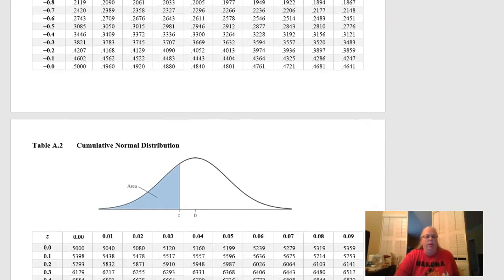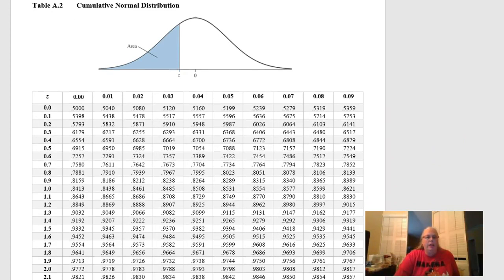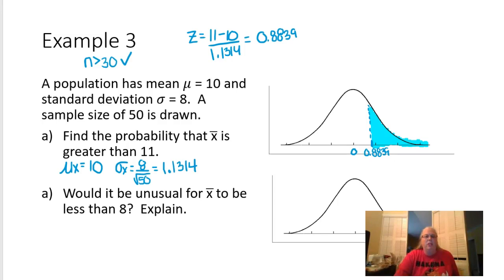So I'm going to scroll down here. I'm looking for 0.88. Here is the 0.8 line. That's 1, 2, 3, 4, 5, 6, 7, 8. So 0.8106. That is the area to the left.